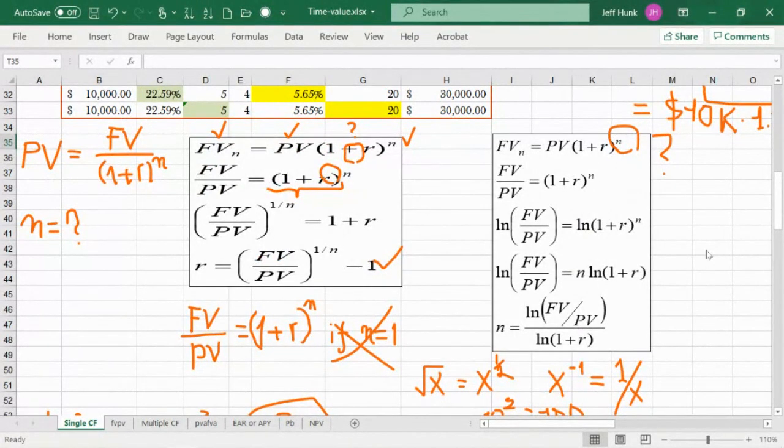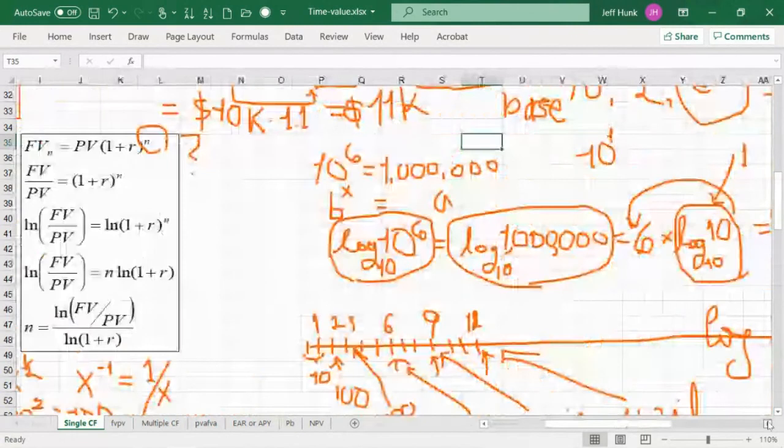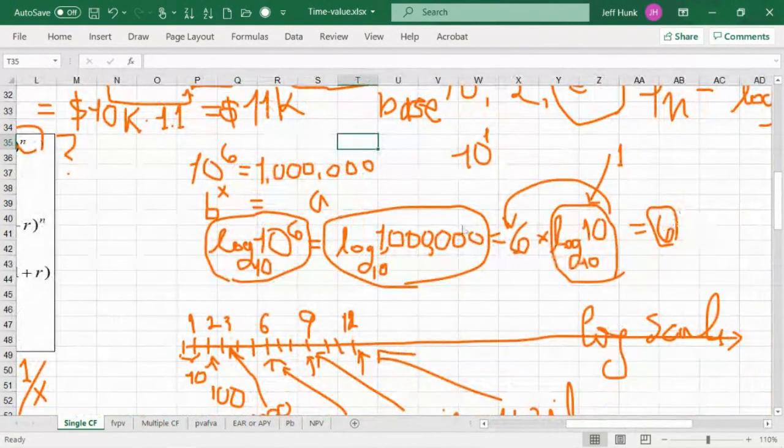And the properties of the log, which property? Basically, the property of being able to bring down this exponent, almost as if making it a coefficient, right? That will be a very useful and critical feature that comes with the log.